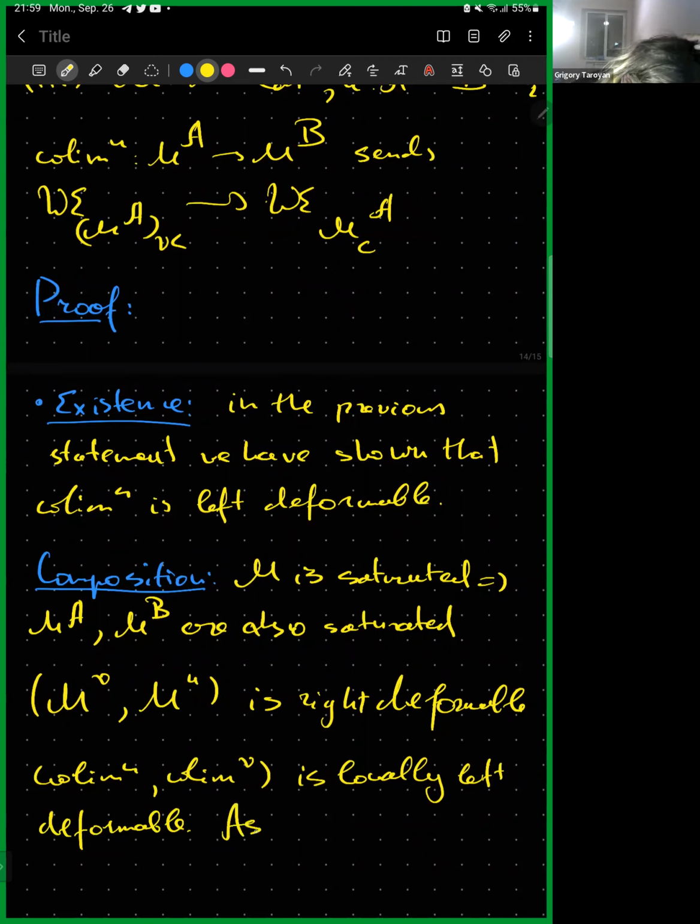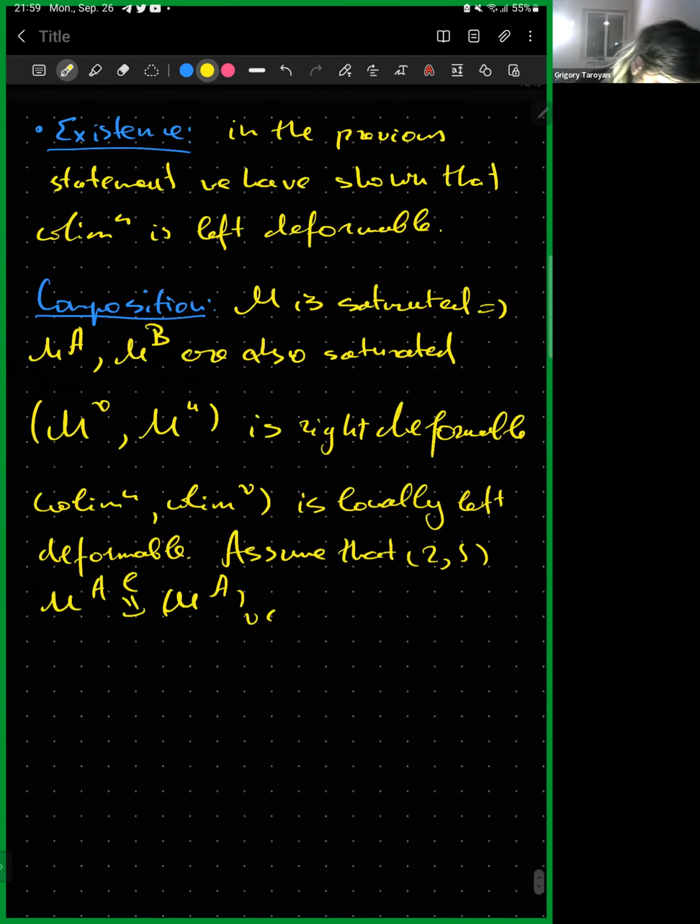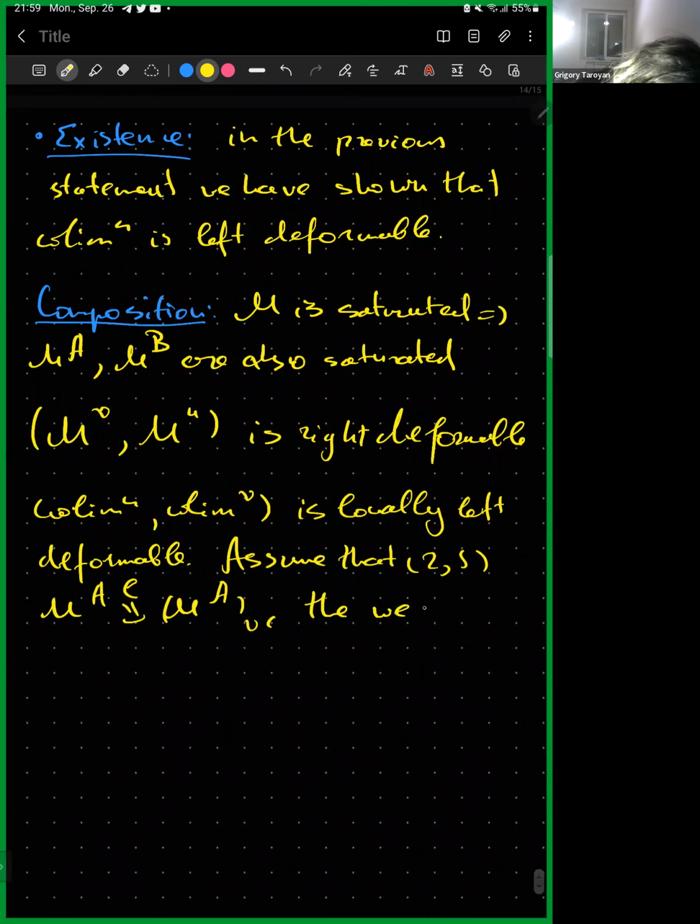Assume that R, S is a left deformation from M^A to the subcategory of virtually cofibrant objects. Then we have a commutative diagram which looks like this.